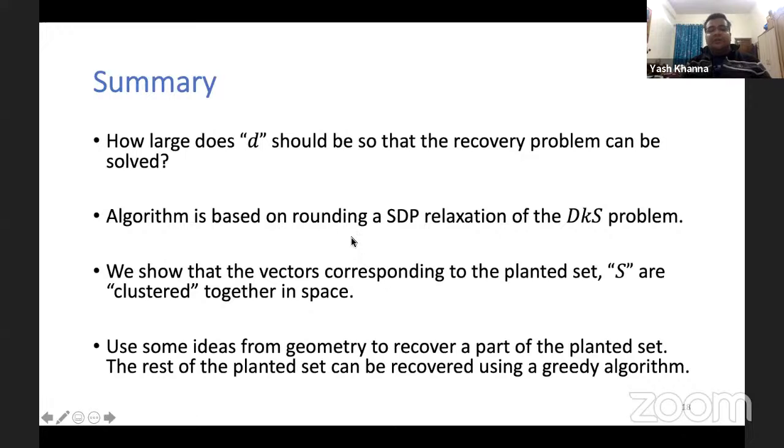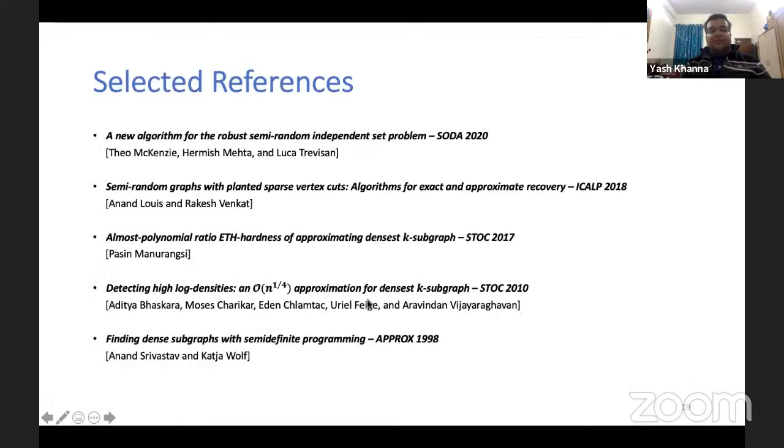So basically it is an algorithm based on rounding the SDP relaxation, and once we have a part of the planted set, for the rest of it we use some greedy tuning and so on. These are some of the selected references of the paper.